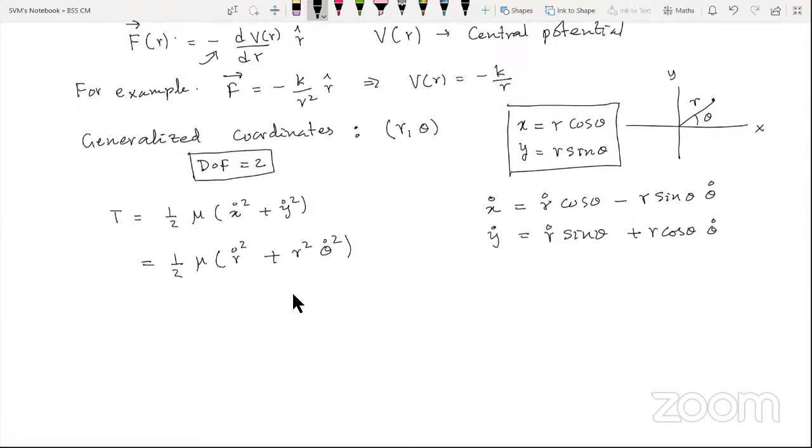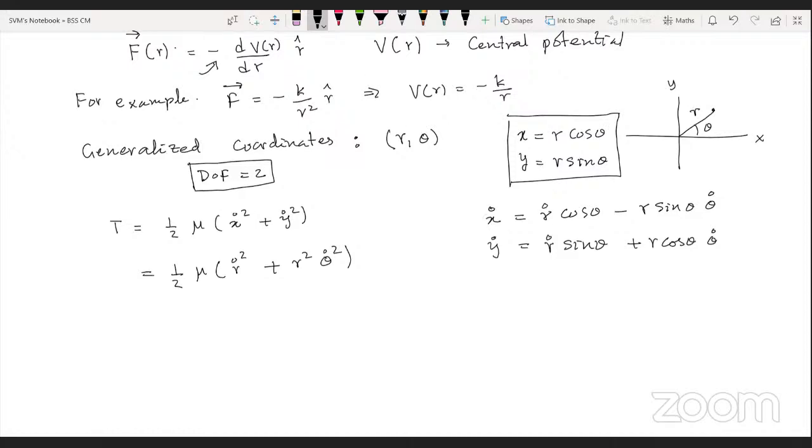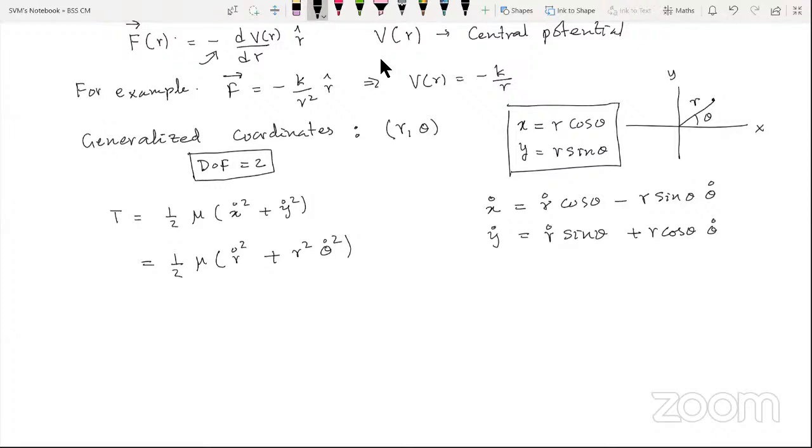Now the potential energy, I will not consider any particular form of the potential energy for the moment. So the Lagrangian for a central force problem: let V of r be a central potential.